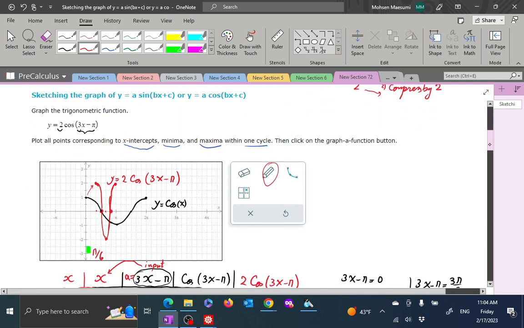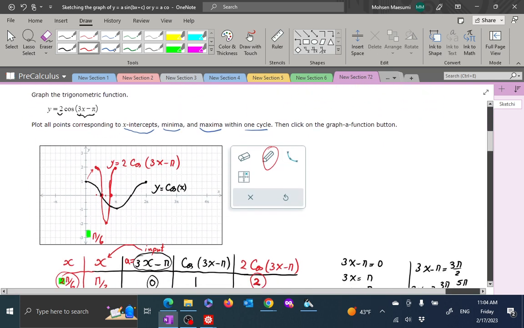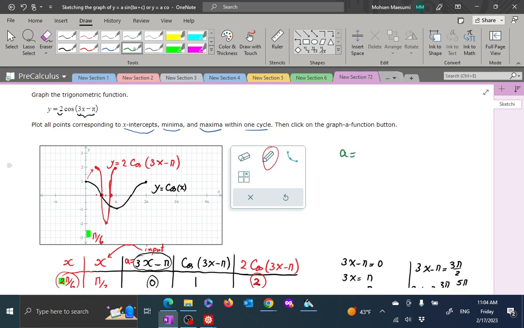So for example, here let's look at this. Here my a is 3x minus pi. So when I rearrange this, x becomes a plus pi over 3, or if you wish to think about it as a third plus pi third.